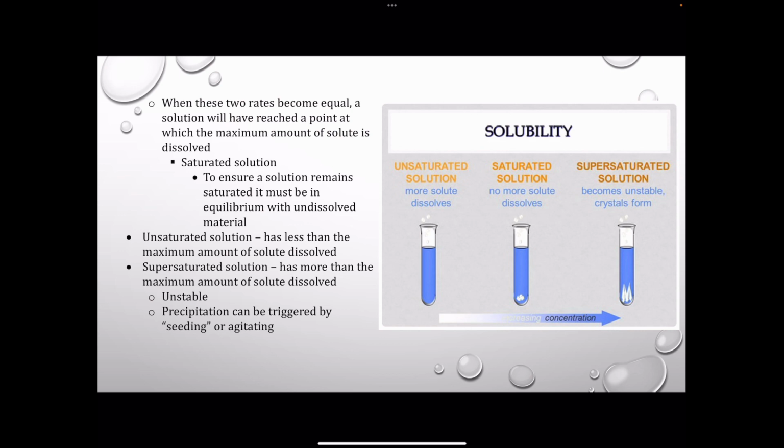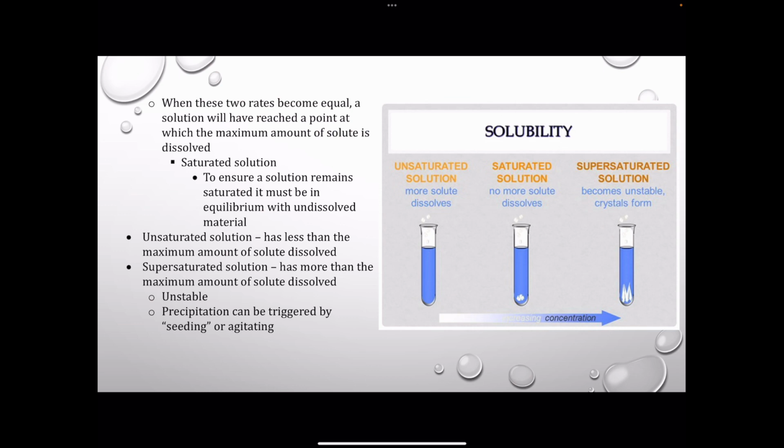So when the two rates become equal, a solution will have reached a point at which the maximum amount of solute is dissolved. Like I said, there won't be any more changes. And when that's the case, we describe that as a saturated solution. There are cases in which we actually want to prepare a saturated solution. To ensure that that solution remains saturated, it's got to be in equilibrium with undissolved material.